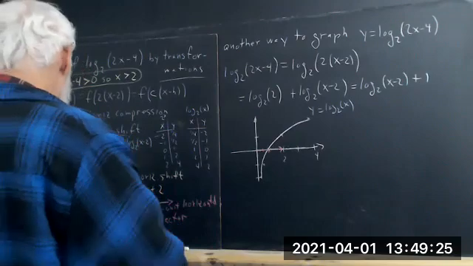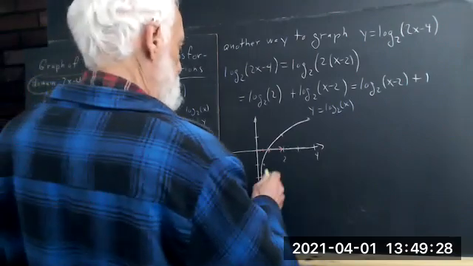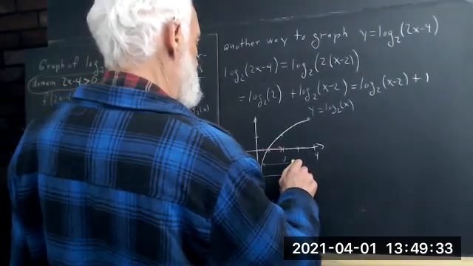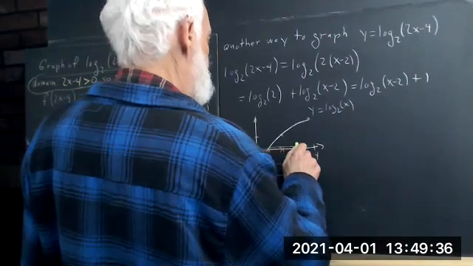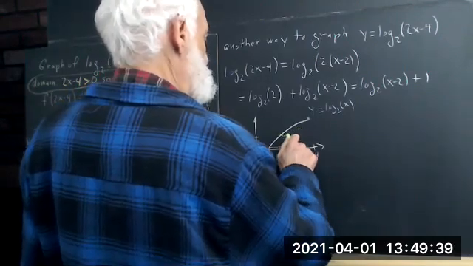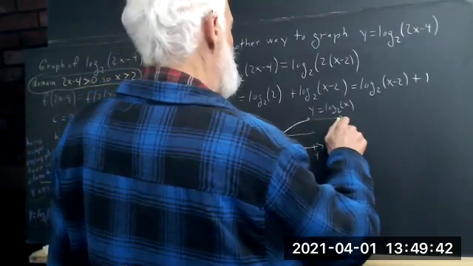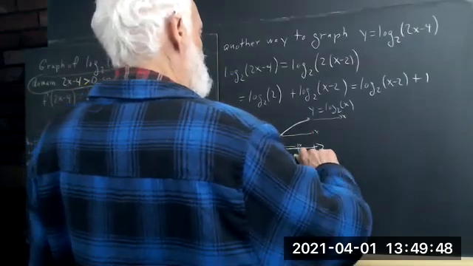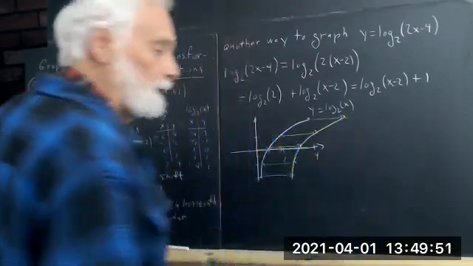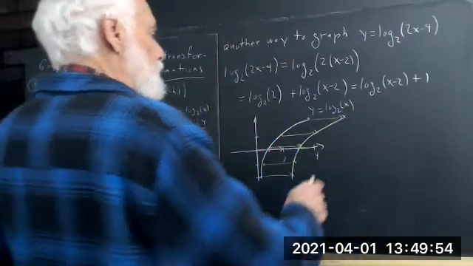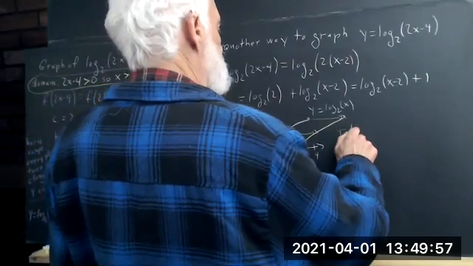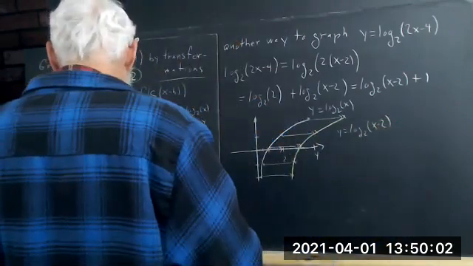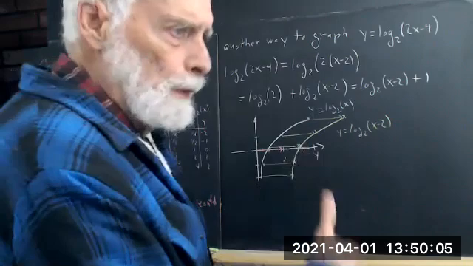And moving it to the right, I use a different color here, we end up with these points. So the green graph is the log of x minus 2. And then we move it upward 1 unit.